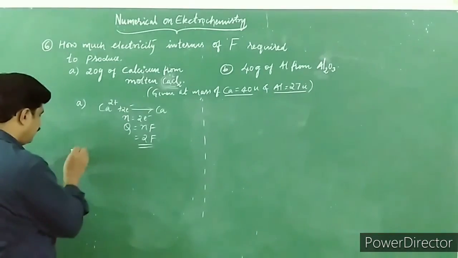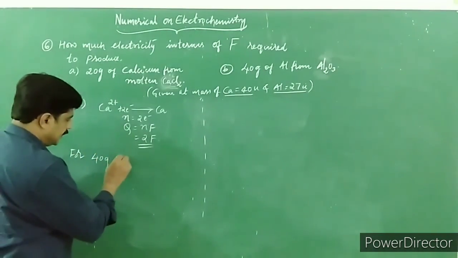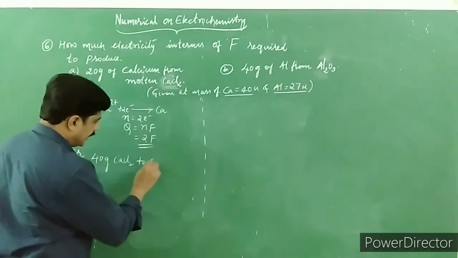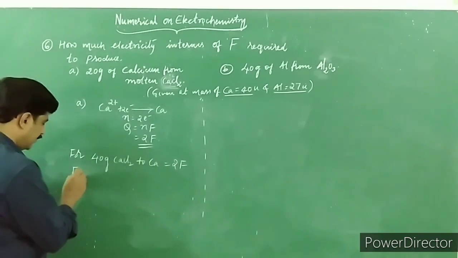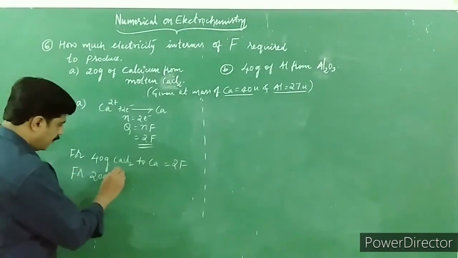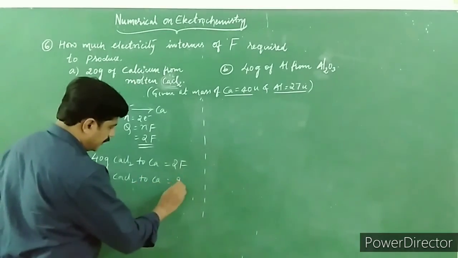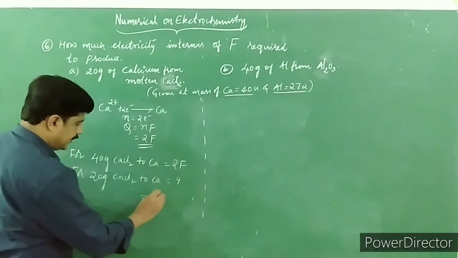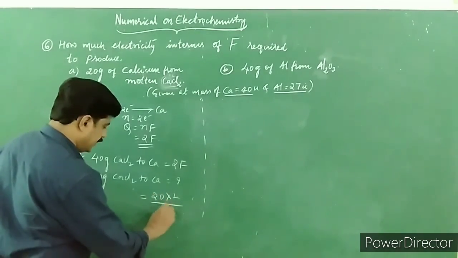Now children, for 40 grams of calcium from calcium chloride, you require 2 Faraday. Then for 20 grams of calcium, how much? Now you can go for the cross multiplication, 20 into 2 upon 40.